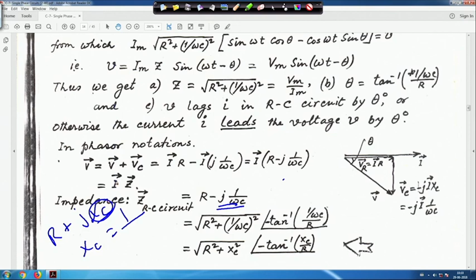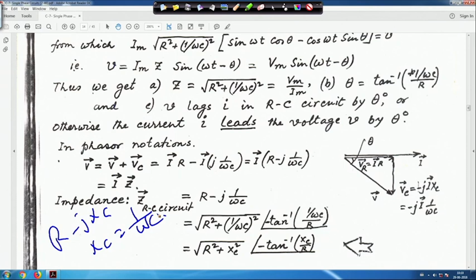What we do is write R minus jXc, and then we take Xc equal to 1 upon omega c, which is the capacitive reactance. So for the inductive case it is R plus jXL, and for the capacitive case it is R minus jXc, and Xc is equal to 1 upon omega c.